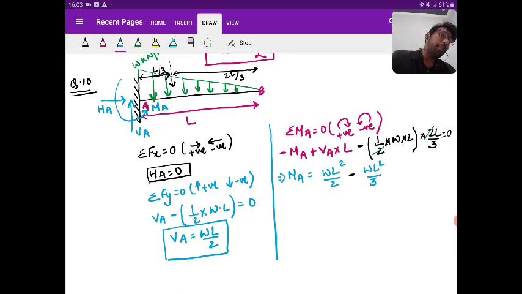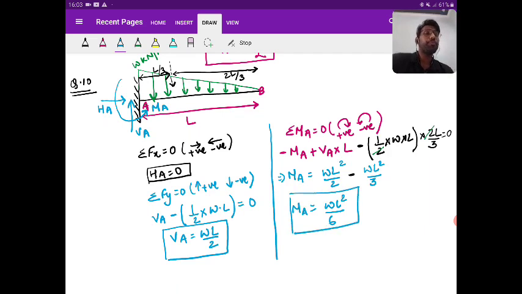I told you to remember one point, that 1 by 2 minus 1 by 3 is equal to 1 by 6. So I am writing here directly, MA is WL square by 6. Is it clear? Yes. Is it clear?